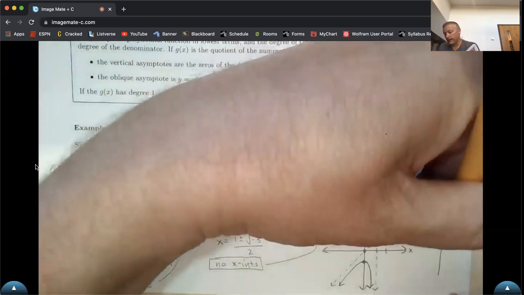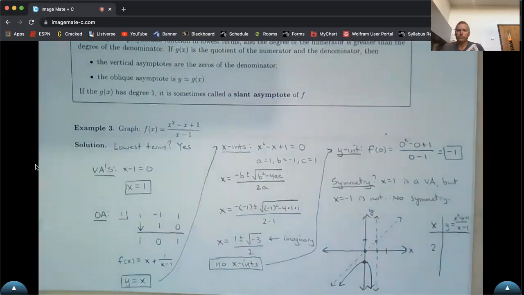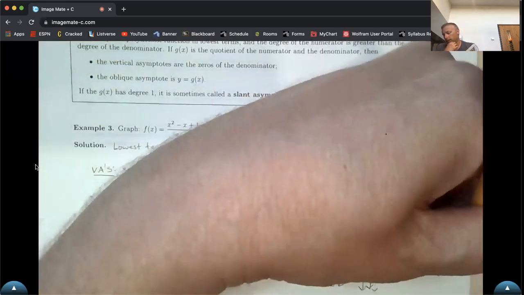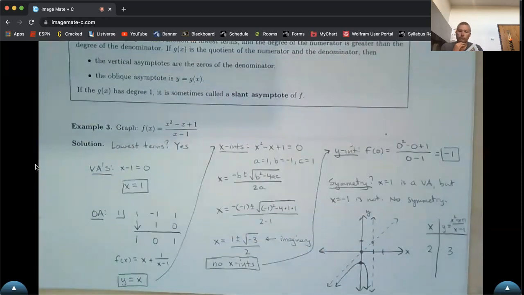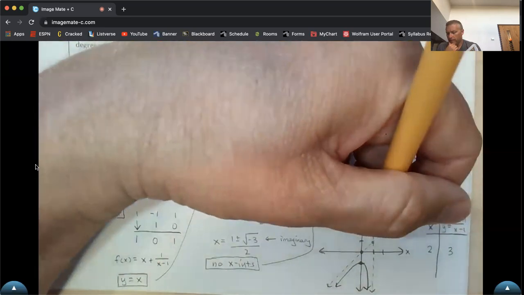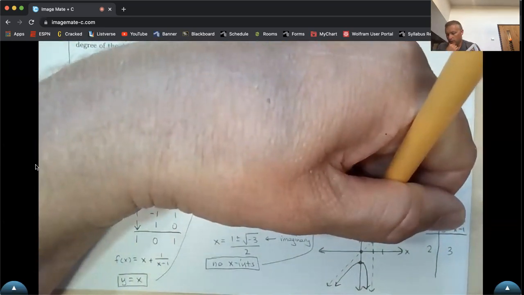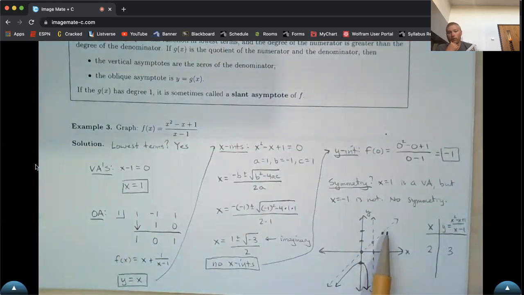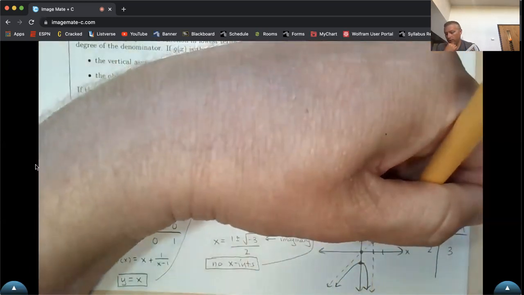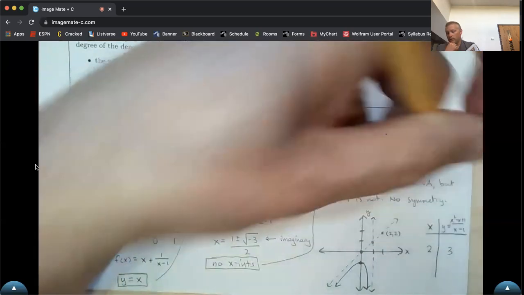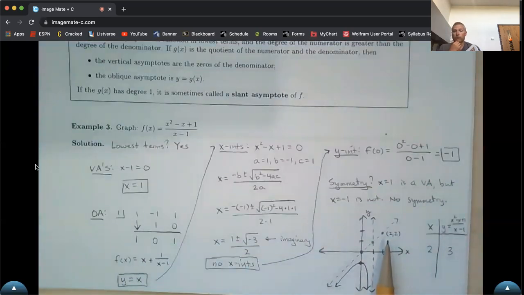So if I plug in, say, x equals 2, you can just put it in your calculator, I'm getting 3. Now, think about this. Since on y equals x, you always go up 1 and over 1, we know that the asymptote y equals x passes through 2, 2.